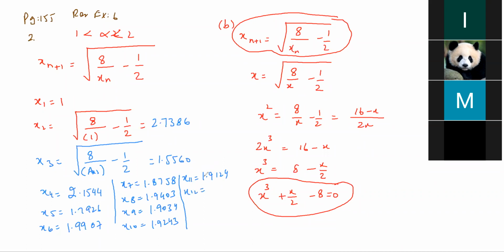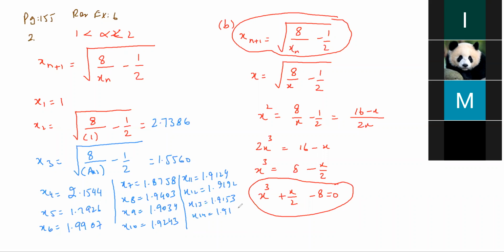Sir, this converges at x19. 1.9192. Okay, 1.9153. 1.9175.